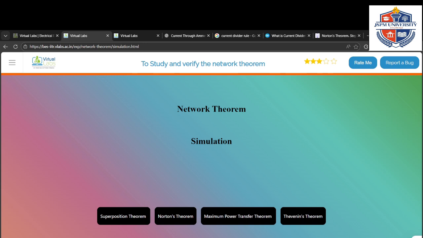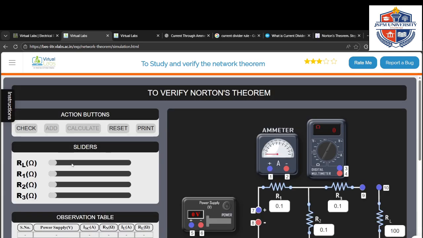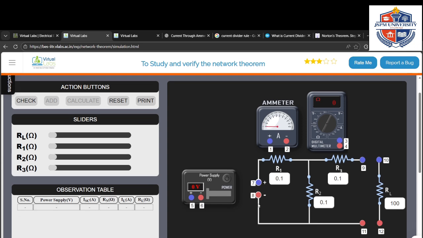Let us go to the Norton's theorem working platform, where we can see the electric circuit on which we are going to apply Norton's theorem. We already know the load resistance RL is 100 ohm. Now we are going to change the resistance values of R1, R2, R3 as in our previous experiments.